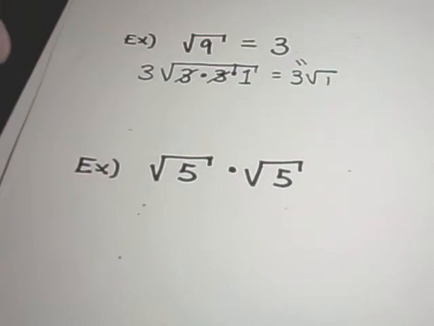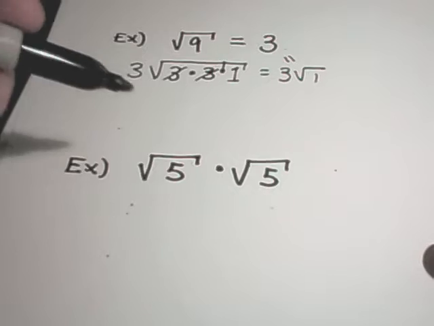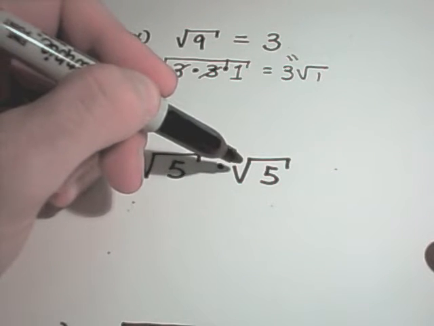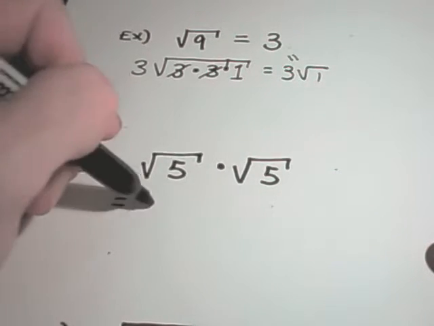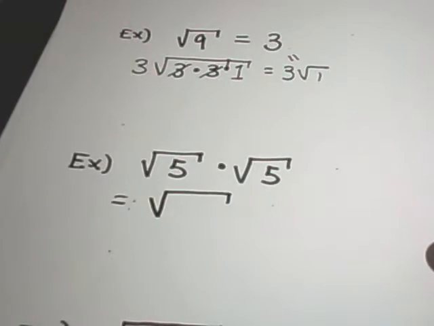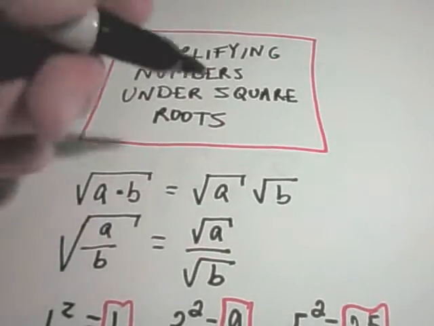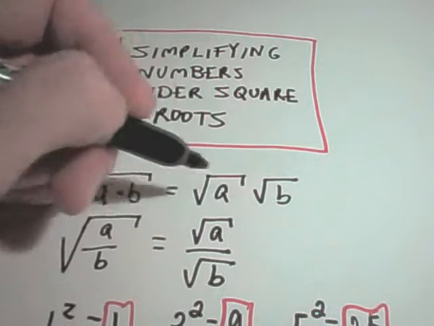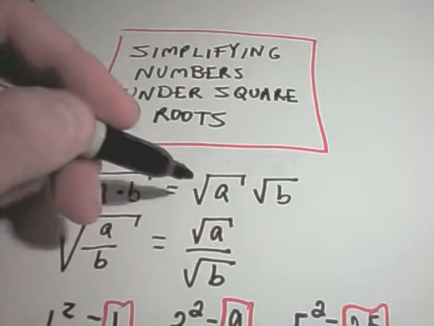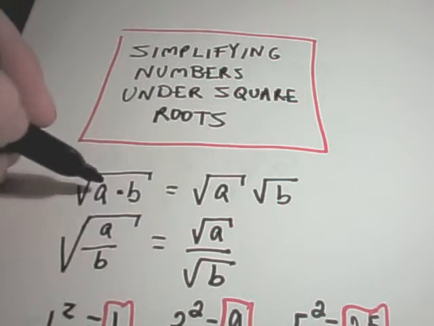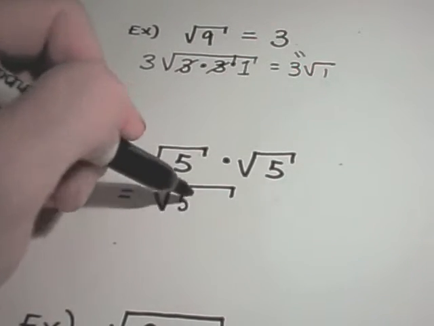Another important little idea here, the square root of 5 times the square root of 5. We can use the property from before that says if they're under their own little house, you can put them under the same house. So if they're under their own individual square root, you can put them together under the same square root. And I'm not even going to multiply them.